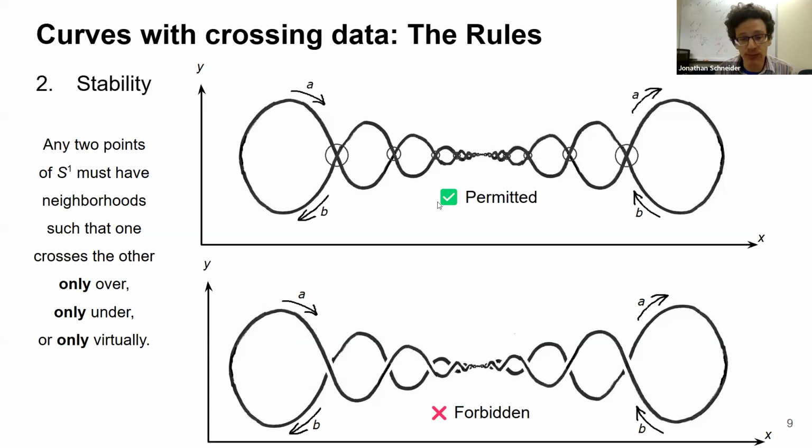Without any mixing. Basically, every pair of points in the circle have to have neighborhoods such that one is entirely over or entirely under the other, or alternatively, only a virtual crossing.